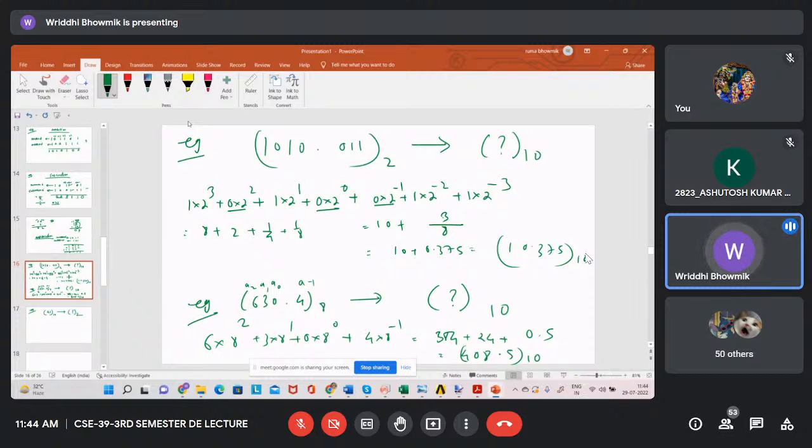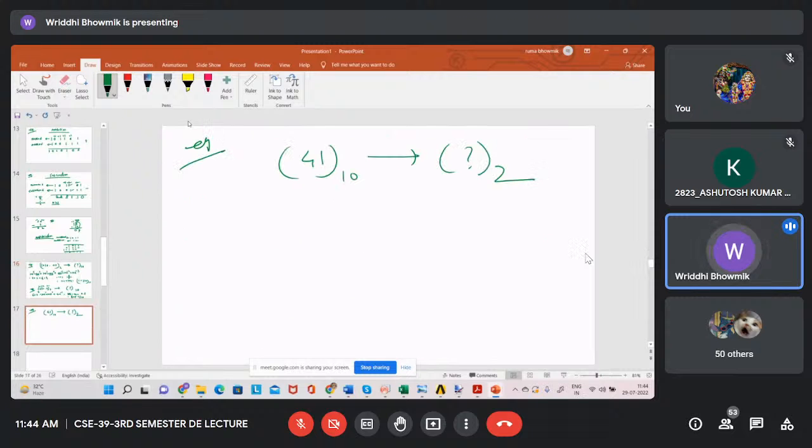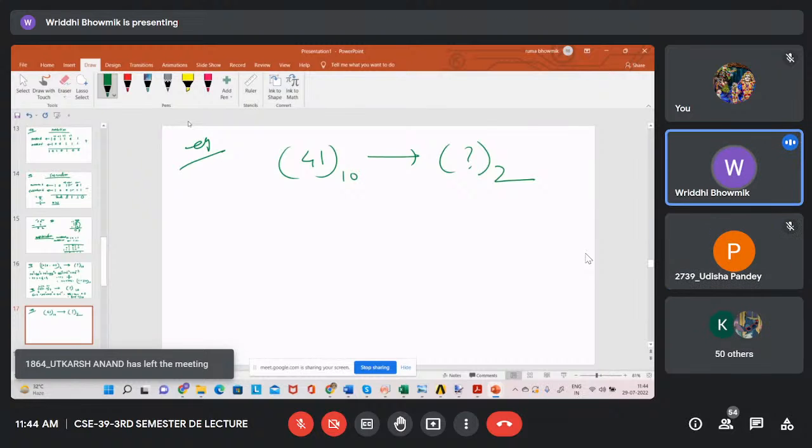Now you have to go in the reverse direction. You have to come from decimal to binary. So in that case, you have to do the division, but with the base of this 2, because you are going to the binary system. So you have to divide this 41 by the base of the binary system.